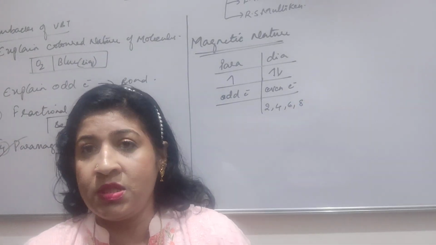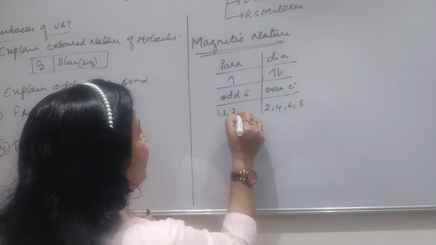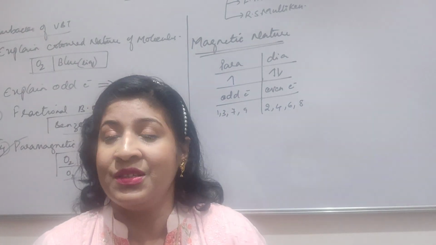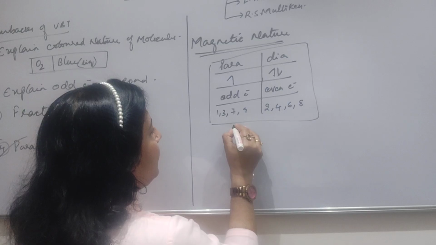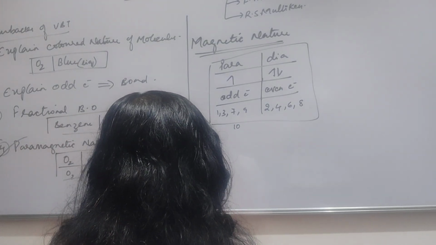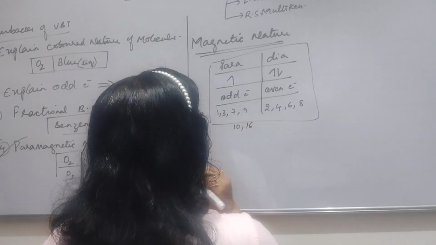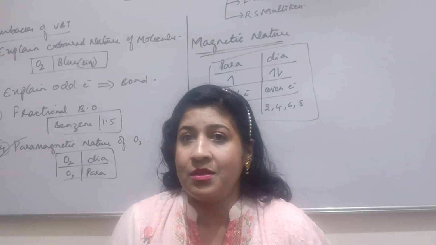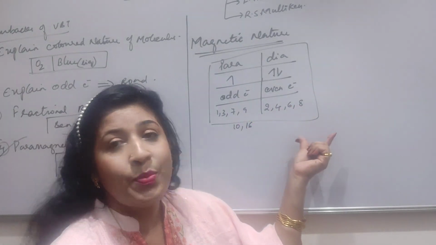So an even number of electrons should be diamagnetic, and 1, 3, 7, 9 are paramagnetic in nature. But care should be taken that 10 and 16 are paramagnetic in nature. 16 is for oxygen, and it should be even, so it has to be diamagnetic.